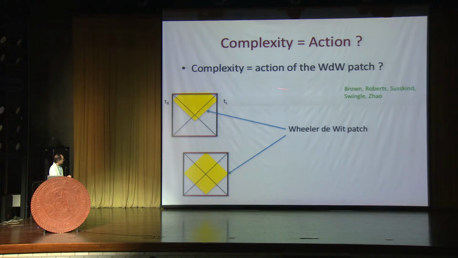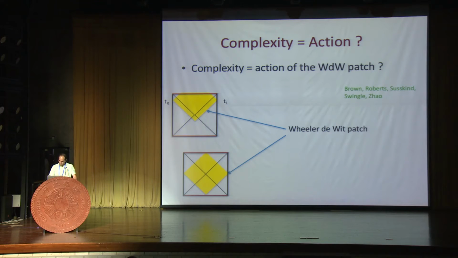And what these authors have done is they said, well, a natural number to associate to these patches is the action. You just take the on-shell action on these patches, and then the idea is that that action is equal to the complexity of the state.